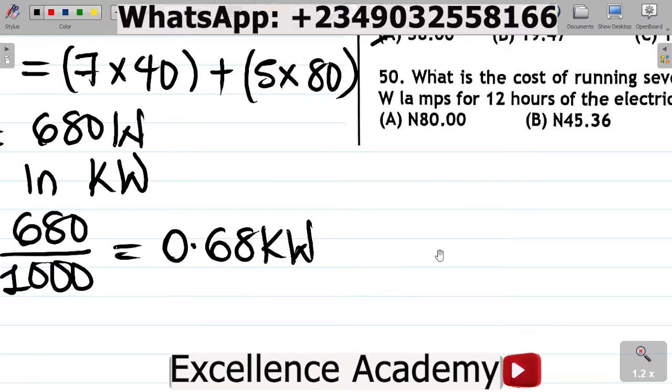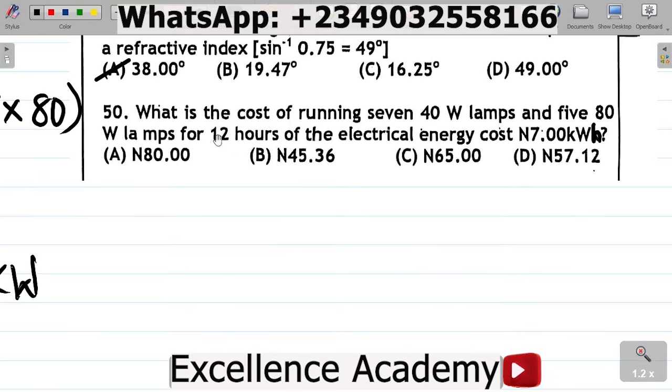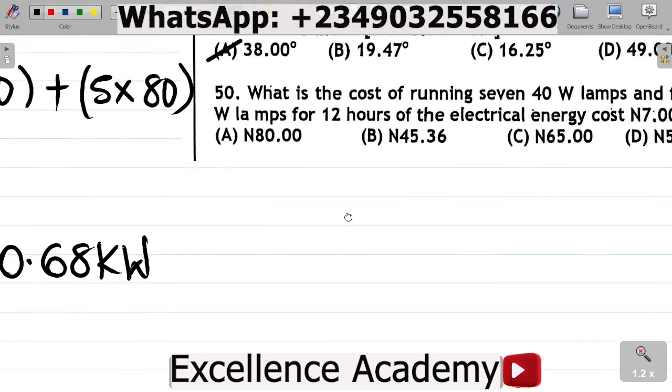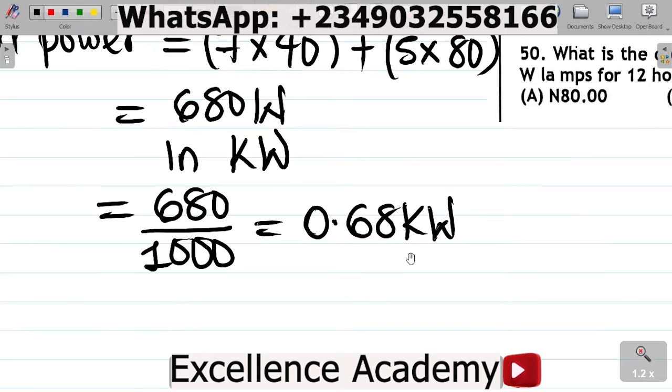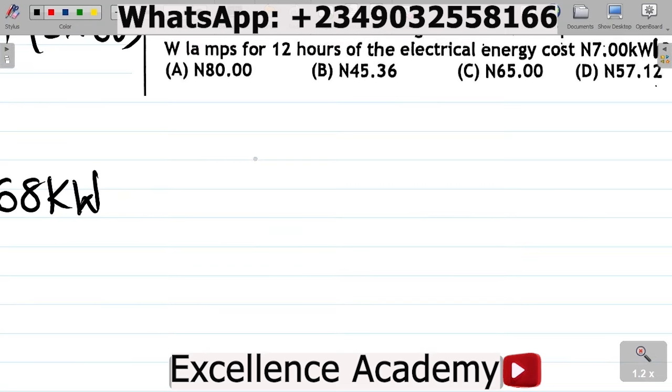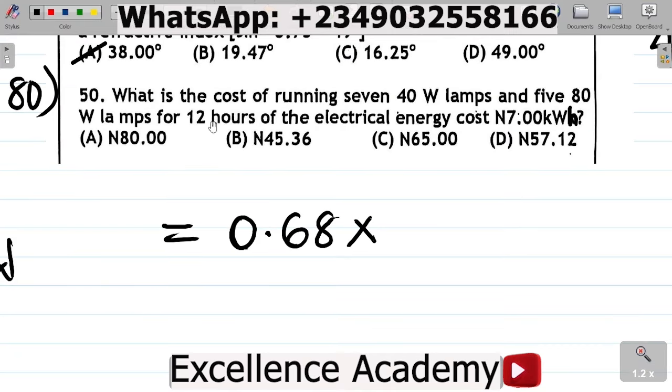Now they said, how long did you operate this? The operation of this particular electrical appliance was for 12 hours. So the energy will be equal to the total power, 0.68, times how long it has been in use, which is 12 hours. Now, I'm not converting hours to seconds because this is in kilowatt hour.